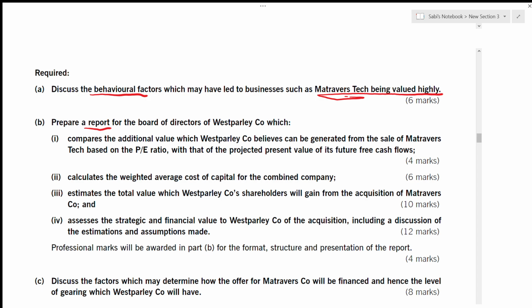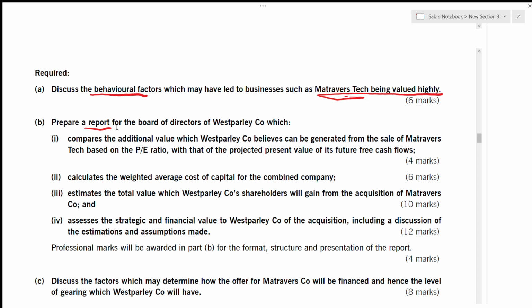So now you have to prepare a report. Most of the time it is a report in AFM which you have to prepare. Under this report, all these 4 points have to be there. The first point: compare the additional value which West Parley Company believes can be generated from the sale of Matt Raver's tech based on the PE ratio with that of the projected present value of his future free cash flows.